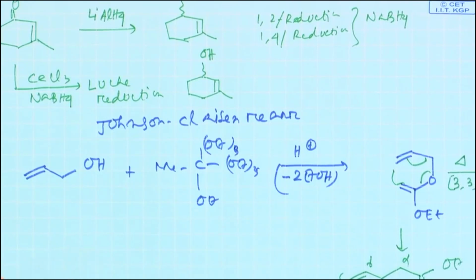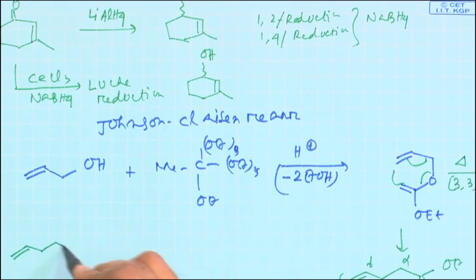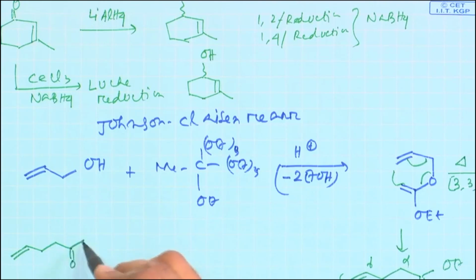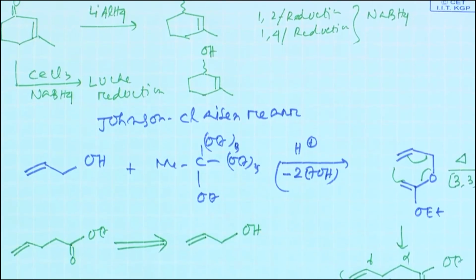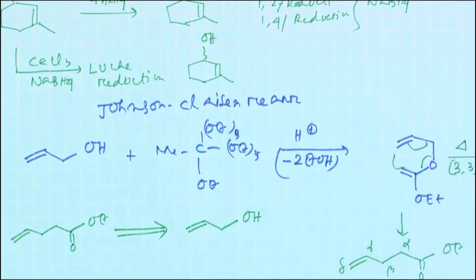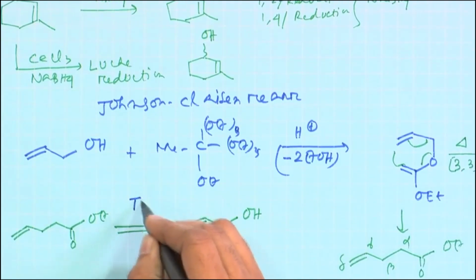So, whenever you have an alpha, beta, gamma, delta unsaturated compound, you can straightforwardly do a retro based on the Johnson-Claisen rearrangement. That is the basic transformation you are looking for.